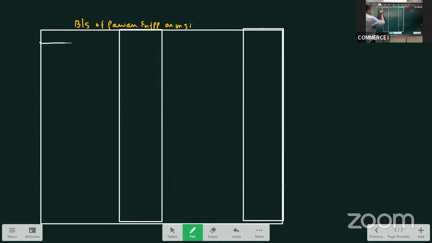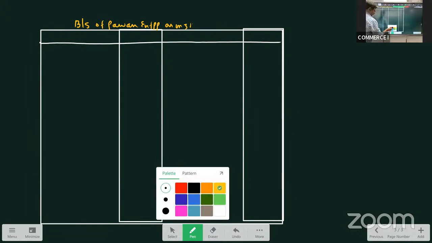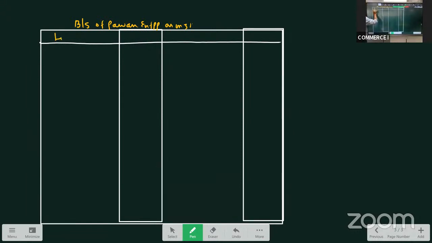For trading and P&L we write 'for the year ended on', and for the balance sheet we write 'as on'. This is the liability side and this is the asset side. Now let us see what items we have not taken while preparing the trading and P&L account. Those items we'll take here.